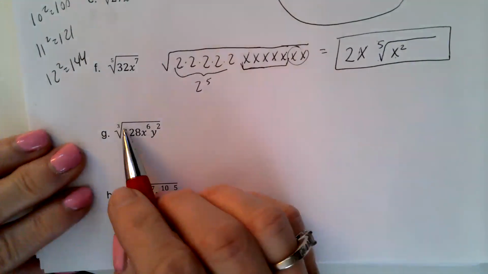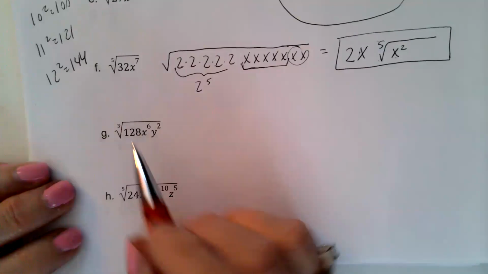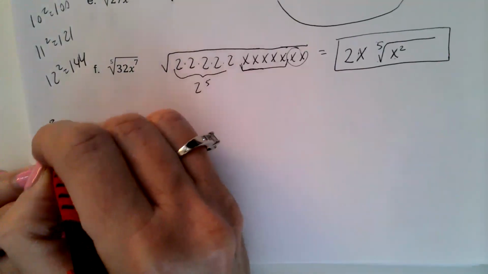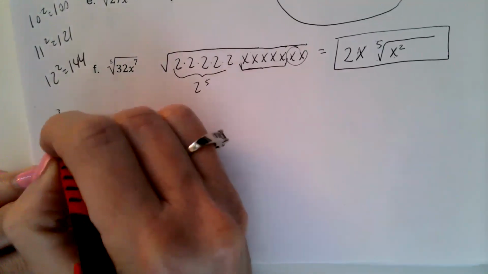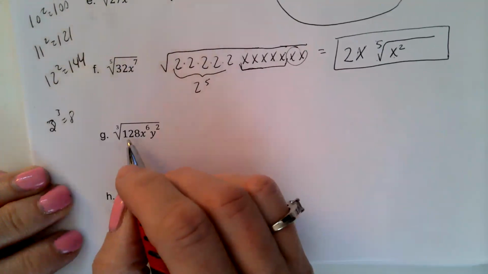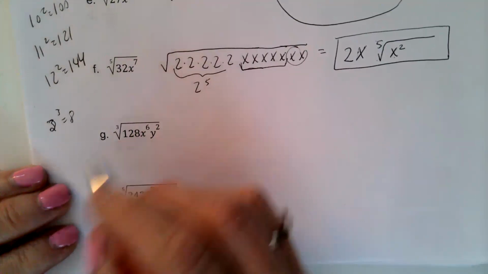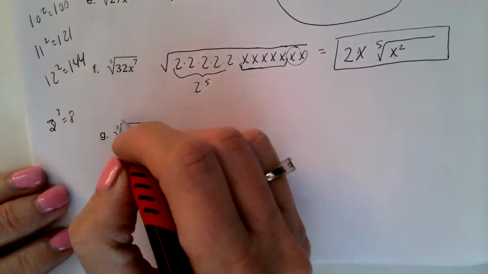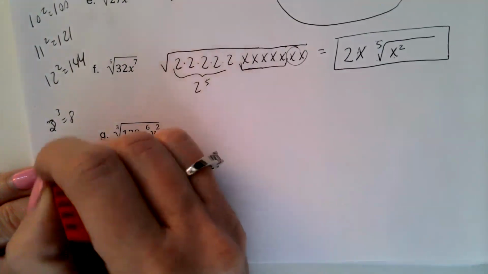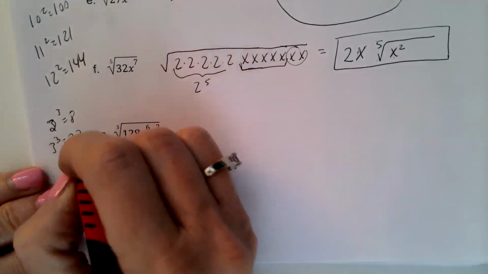Okay, cube roots. So I'm looking for things that are cubed. So I know 2 cubed is 8. 8 does go into 128. Well, let's see if something else does. So 3 cubed is 27.